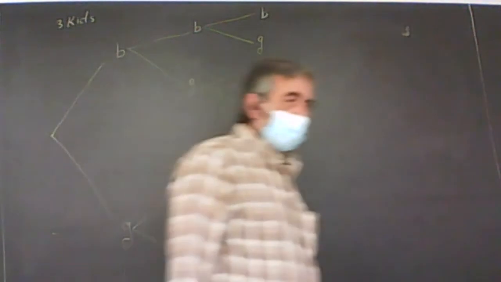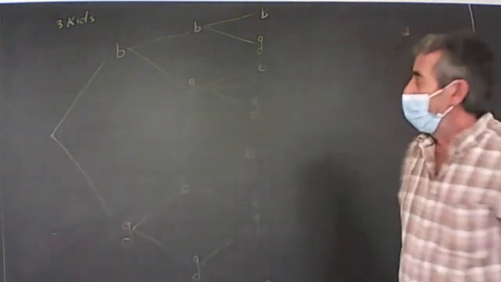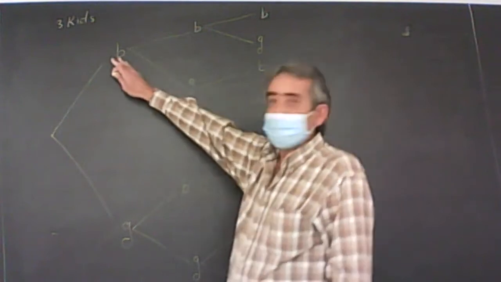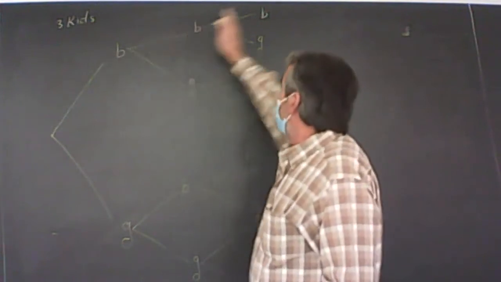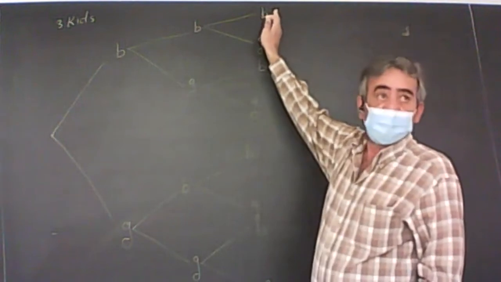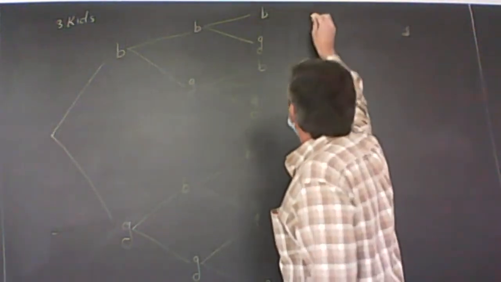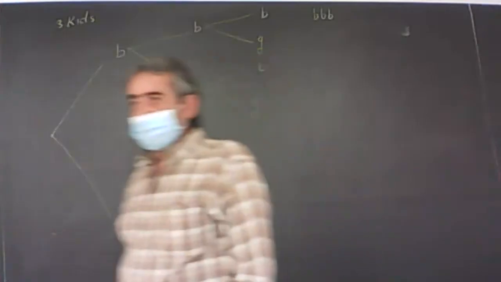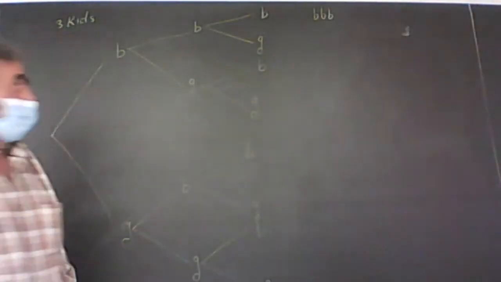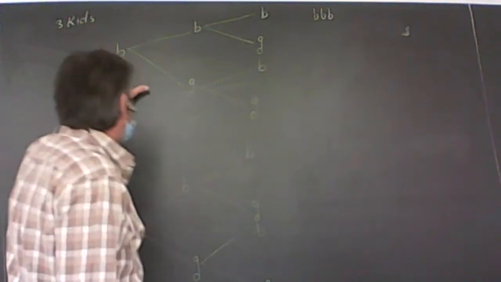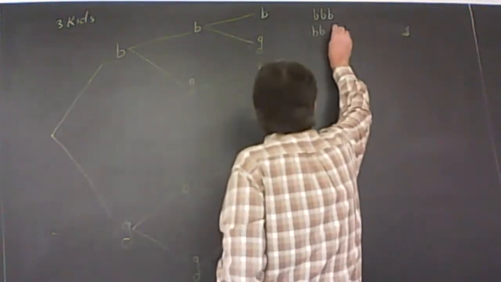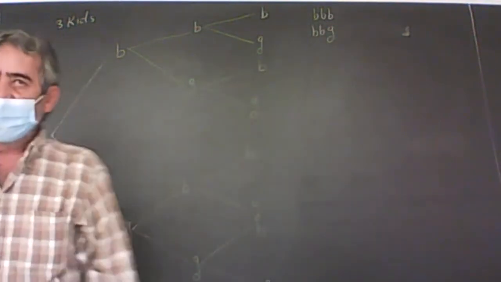So how do I describe the sample space? First scenario, the first is a boy, boy, boy. So this is scenario number one. Scenario number two, you could have a boy, boy, girl. Clear?